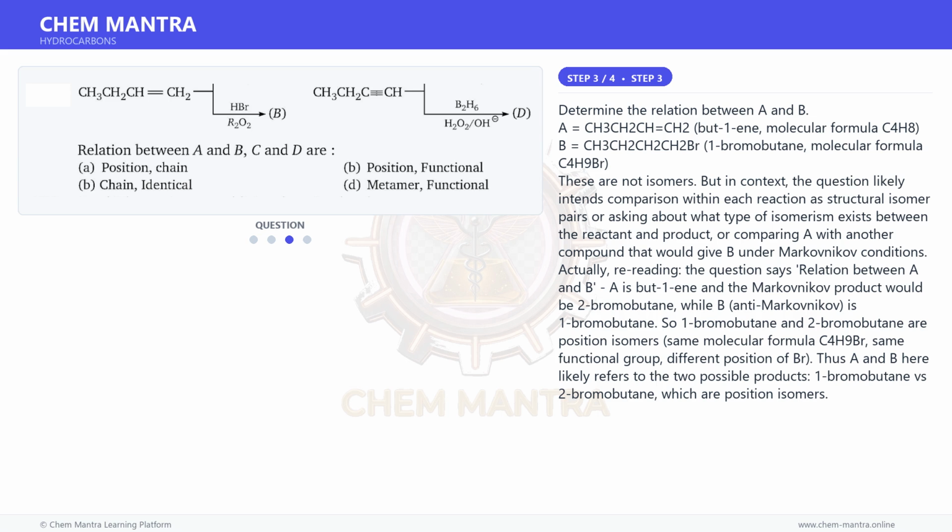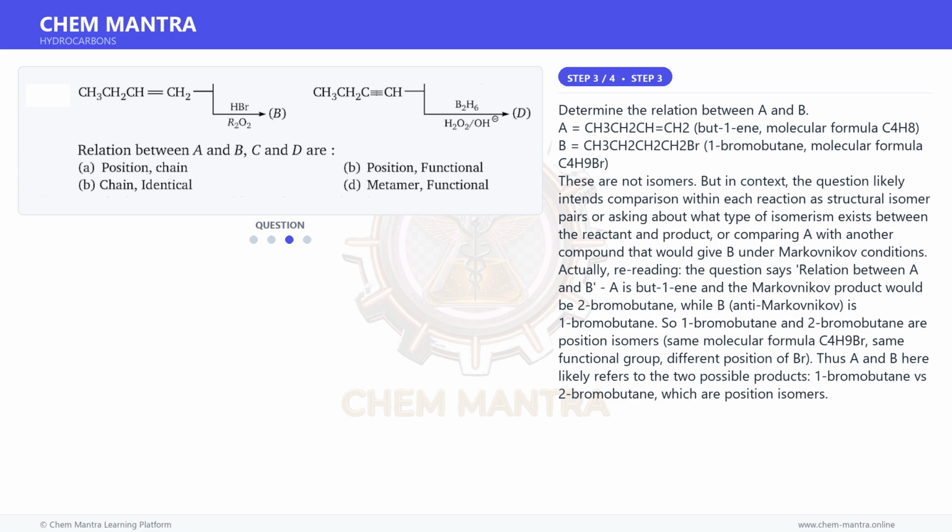These are not isomers. But in context, the question likely intends comparison within each reaction as structural isomer pairs, or asking about what type of isomerism exists between the reactant and product, or comparing A with another compound that would give B under Markovnikov conditions.